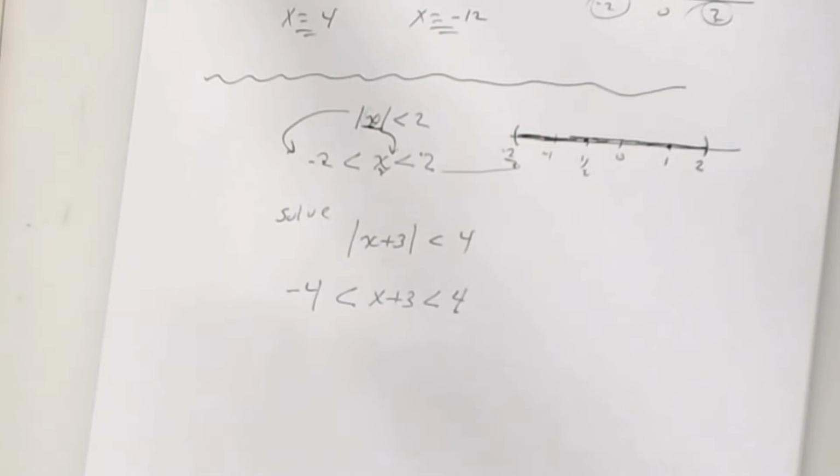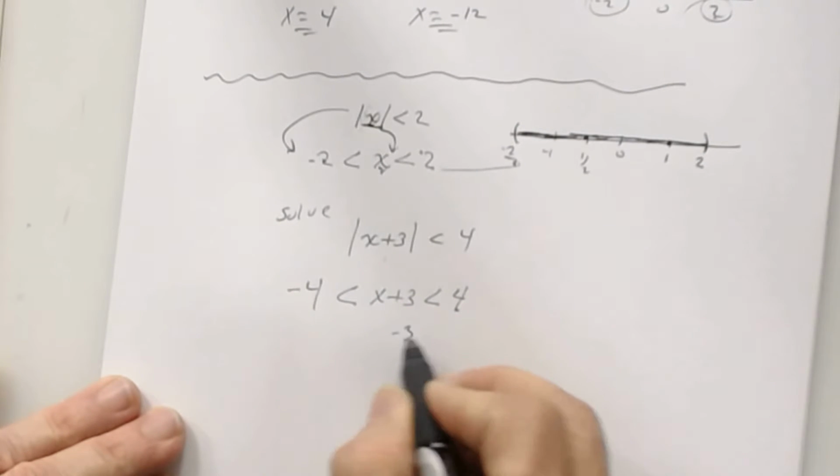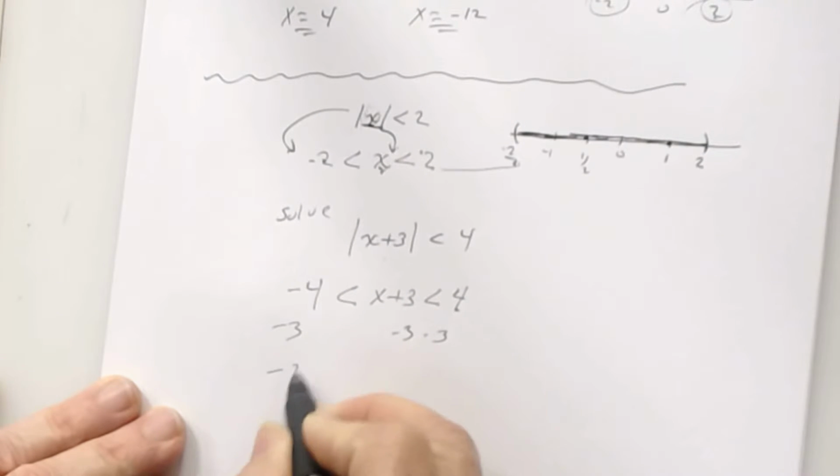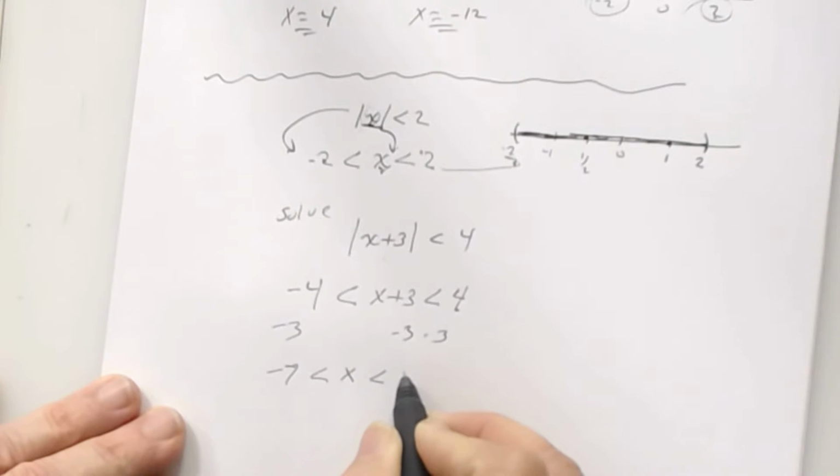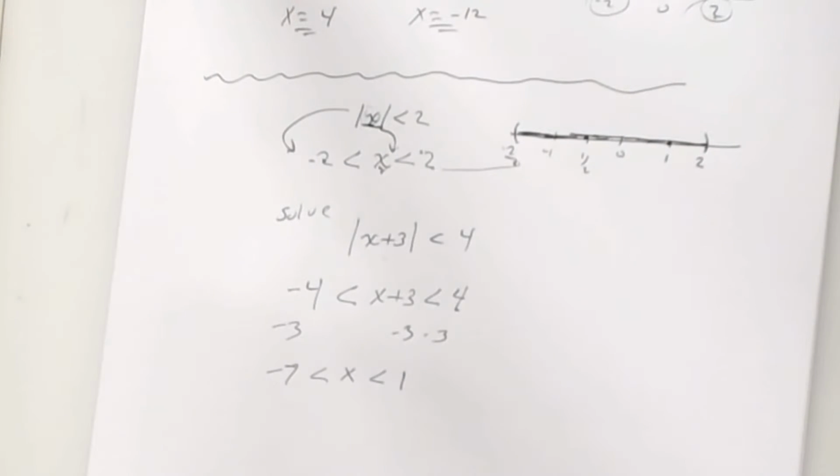And now we're almost done. One more step and you're done. How do you get x in the middle? Subtract 3 from all parts. So -7 is less than x is less than 1. So you found your solutions. All my solutions must be between -7 and 1.